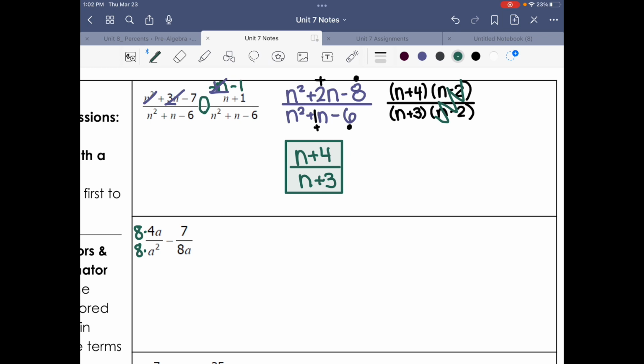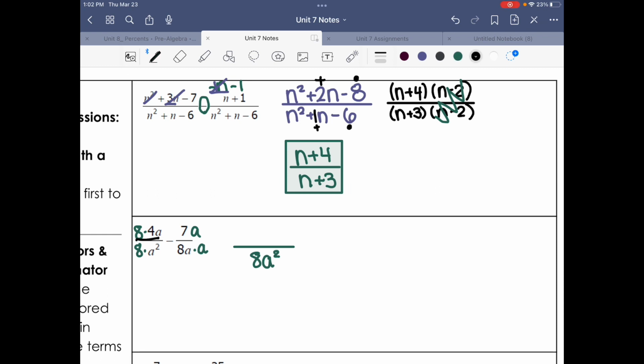Now, over on the right side, I only have a, but I need a squared, so I need to multiply by another a. So that both of them now have 8a squared as the denominator. And on the top, I have to actually multiply the things that I've set up together.